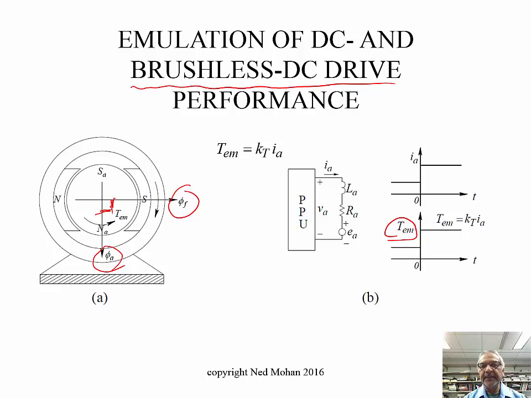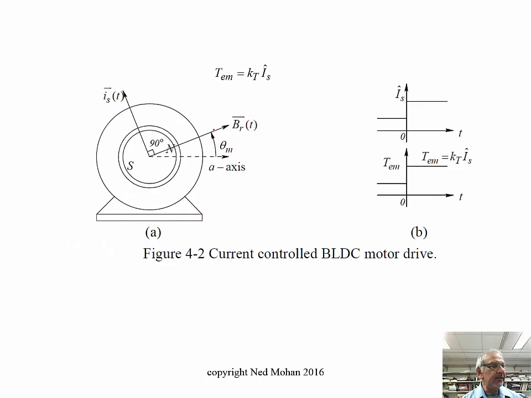To produce this step jump in torque, we cause the armature current to take a step jump at this time, and the electromagnetic torque, dictated by this equation here, also takes a step jump.